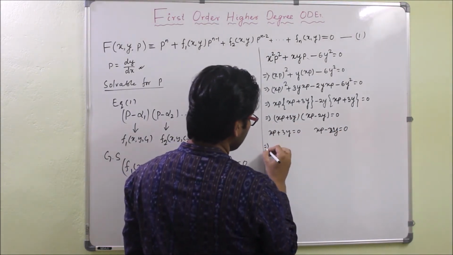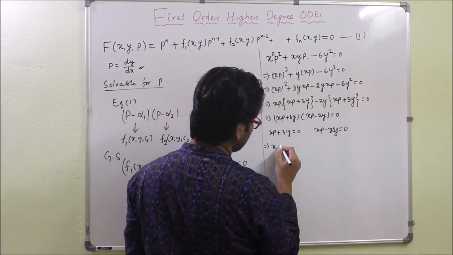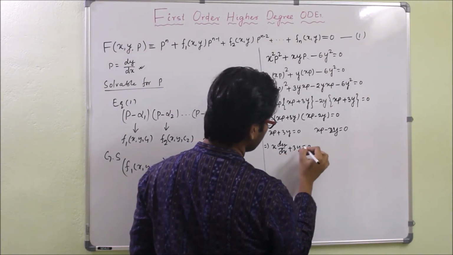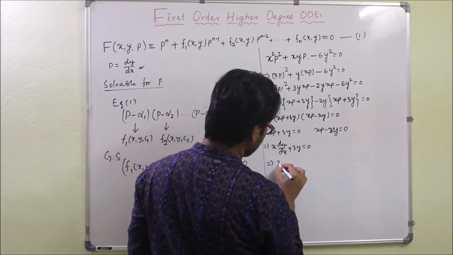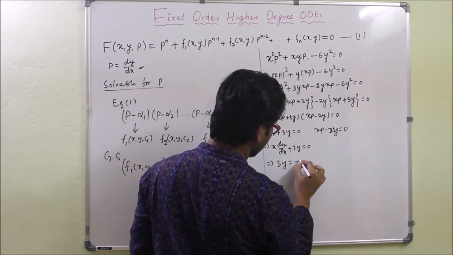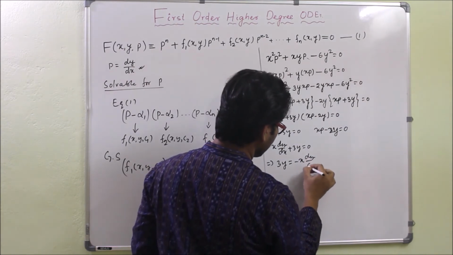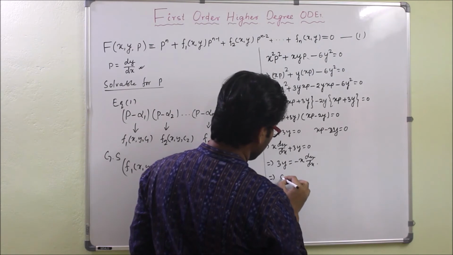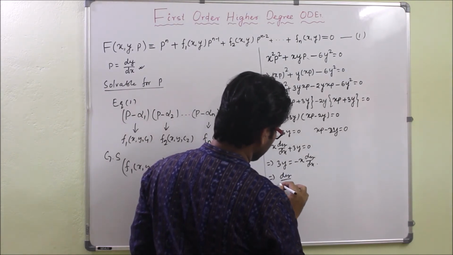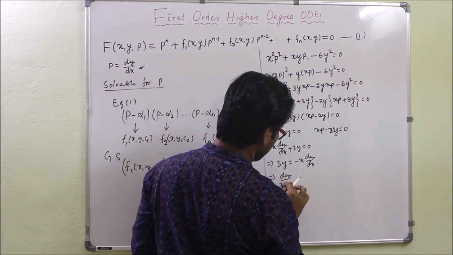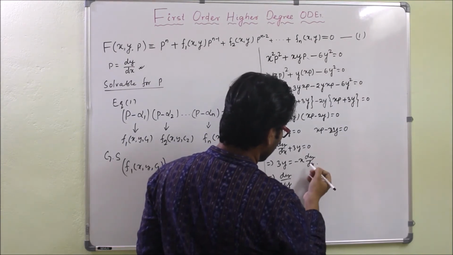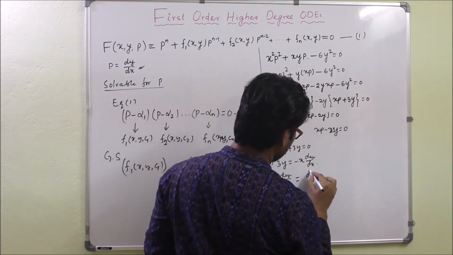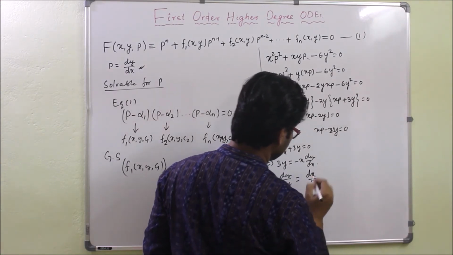So this will be what? x dy by dx plus 3y equal to 0. That means 3y equal to minus x dy by dx. So it will be dy by 3y, if I take, then it will be minus, and this will be dx by x.